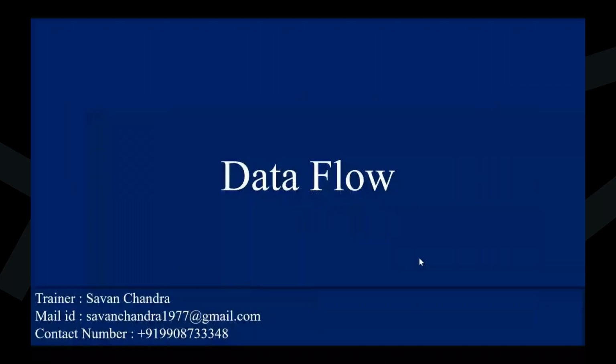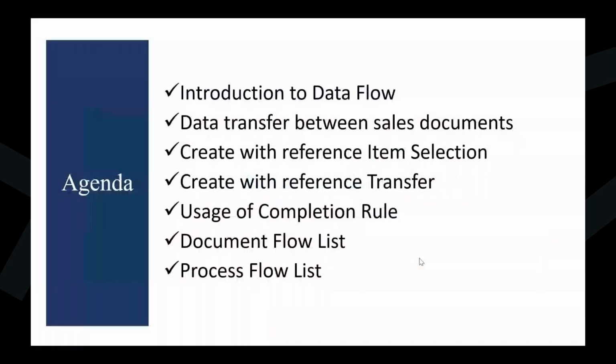The topics that we are covering: introduction to data flow, so we'll understand what is data flow. Data transfer between sales documents. So normally when you create a sales document with reference to another document, how the data transfer happens. Create with reference, item selection: when you create a sales document with reference to another document, how to use the item selection, how it happens.